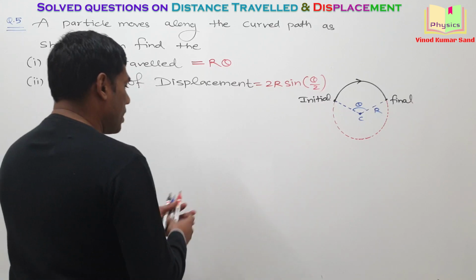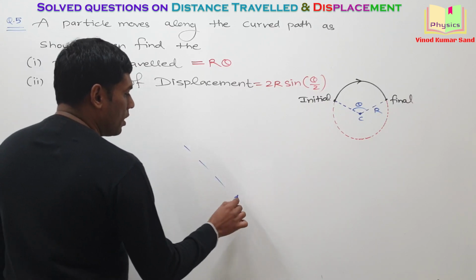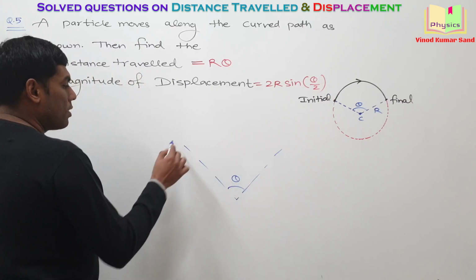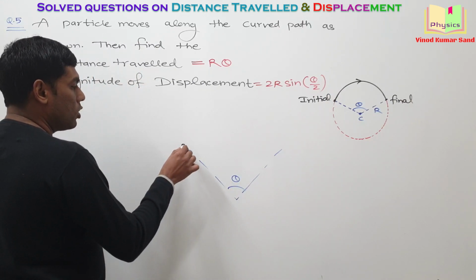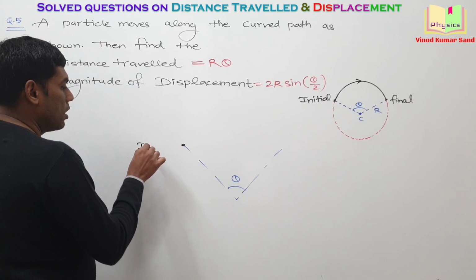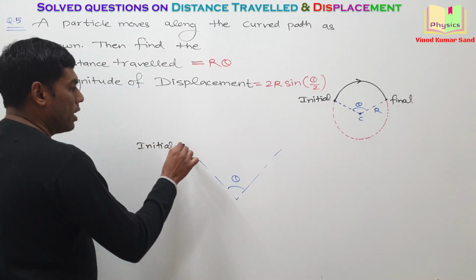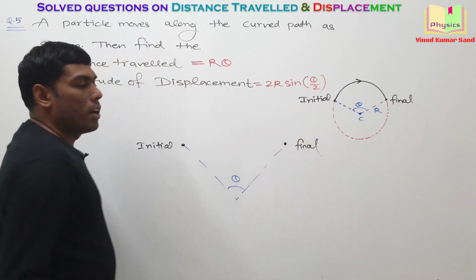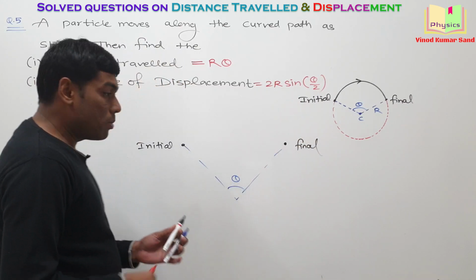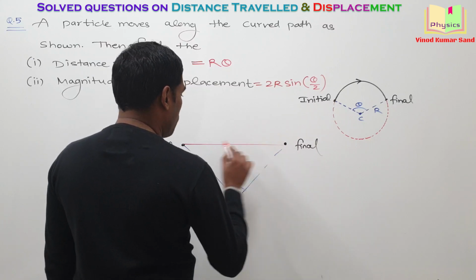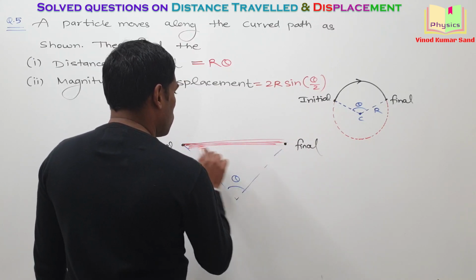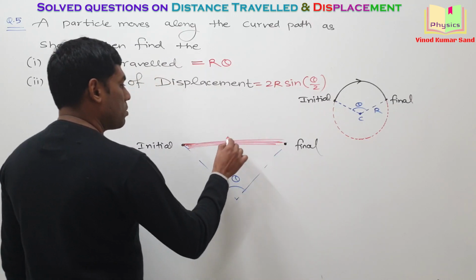How? Pay attention. Let's say this angle is theta. Somewhere here is the initial position and here is the final position. We know that the displacement vector will get directed straight from initial to the final position. So this is the displacement vector.